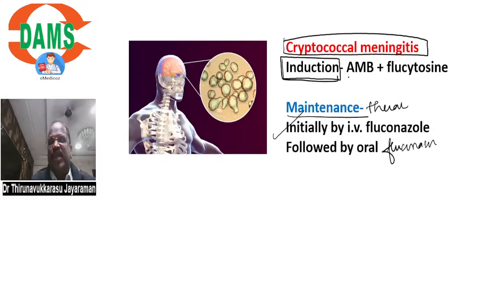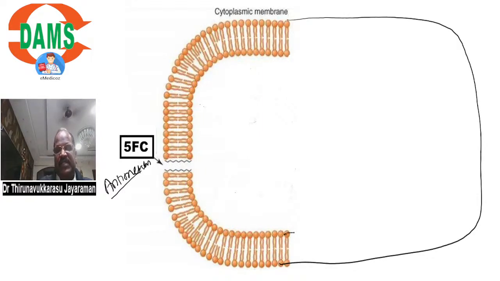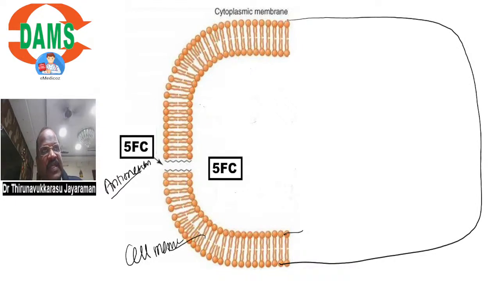Now, amphotericin B, antifungal drug. Fluconazole, azole antifungal. What is 5-flucytosine? Why do you want to combine here? Look at the concepts. 5-flucytosine, one of the anti-metabolites having antifungal activity. For example, imagine it's a fungus, and imagine the fungal cell membrane. If I give 5-flucytosine, this will enter into the fungus.